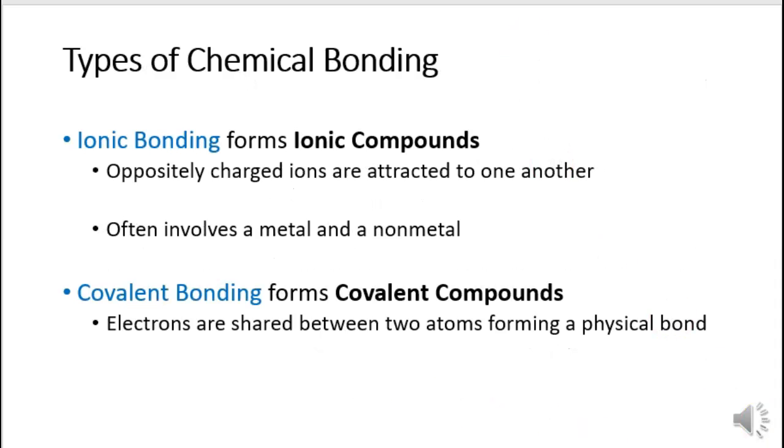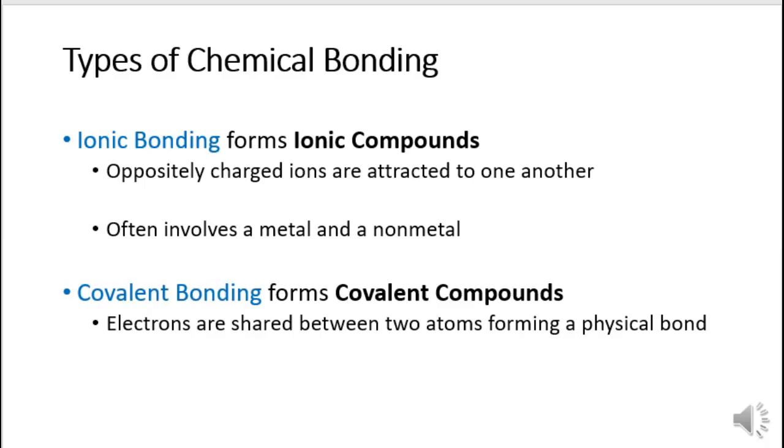Okay, part 3 of the general chemistry review involves chemical bonding between atoms. And we'll talk about 2 different types of chemical bonding: ionic bonding and covalent bonding. Ionic bonding occurs when oppositely charged ions are attracted to one another to form ionic compounds.